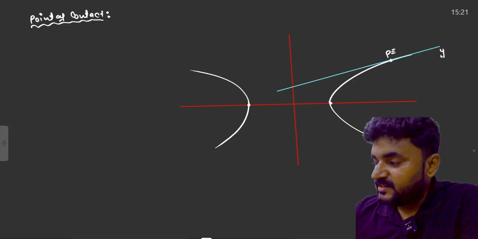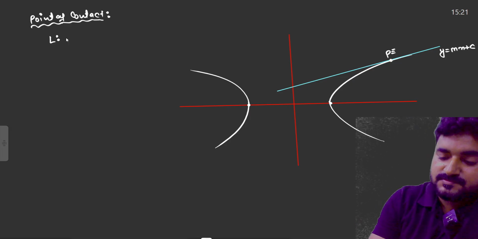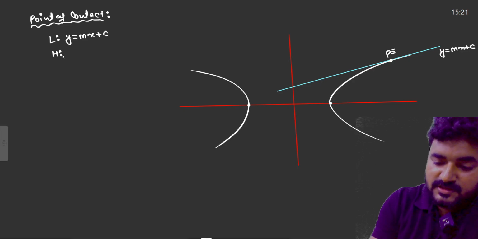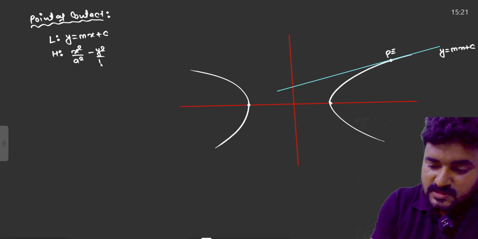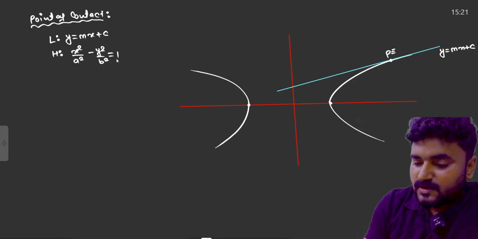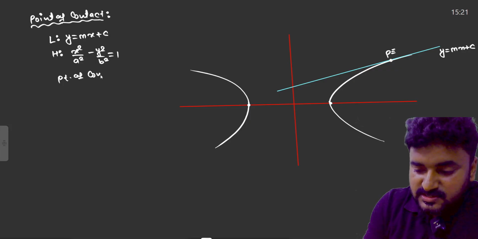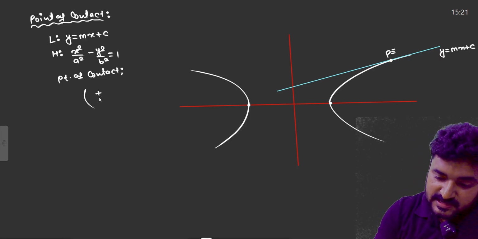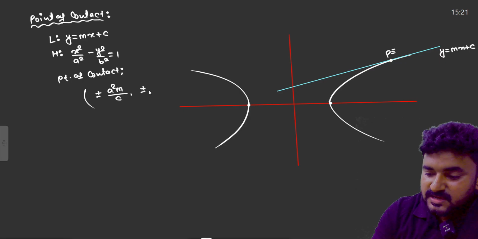So the line is y equals mx plus c, and the hyperbola is given as x square by a square minus y square by b square equals 1. For this, solving these two equations, the point of contact comes out as plus minus a square m by c, comma plus minus b square by c.